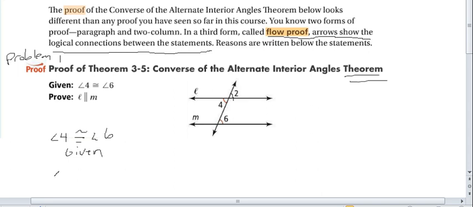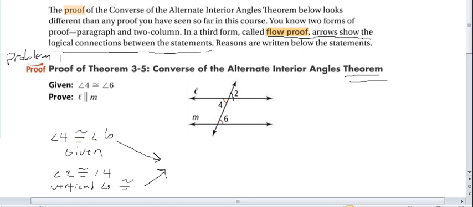So we know that angle 2 is congruent to angle 4, and that is because vertical angles are congruent. So our flow proof is going to have arrows. We're going to have this was given, and we have vertical angles are congruent.